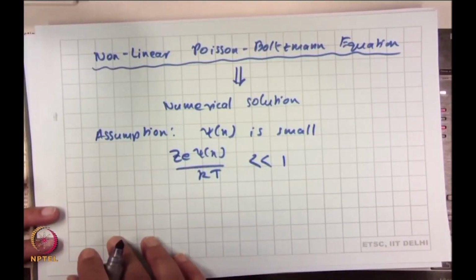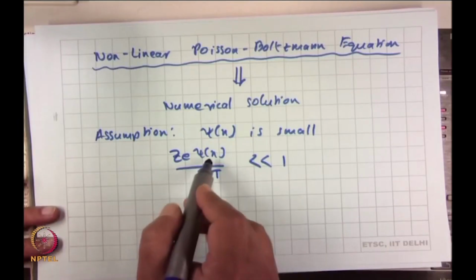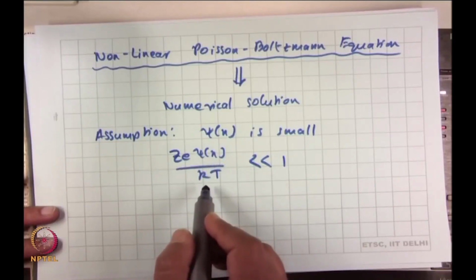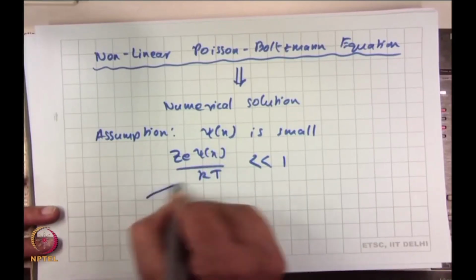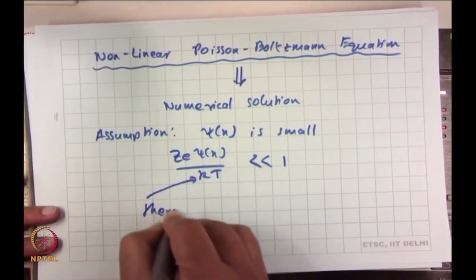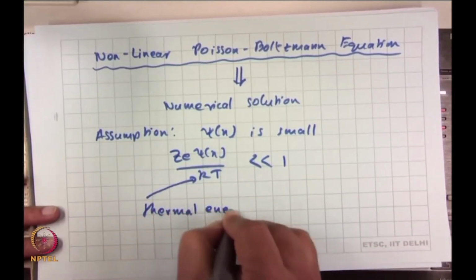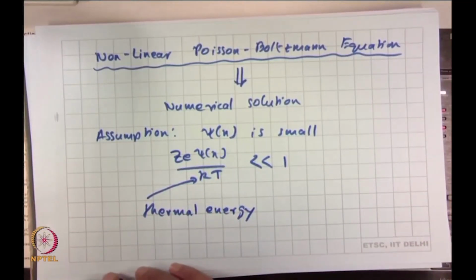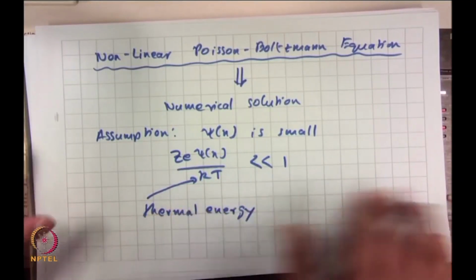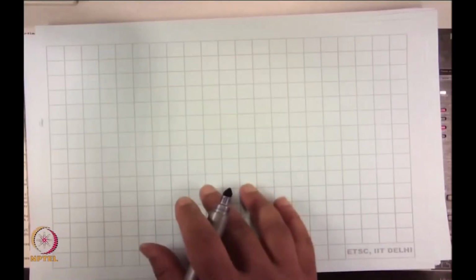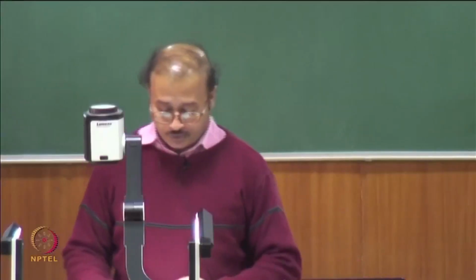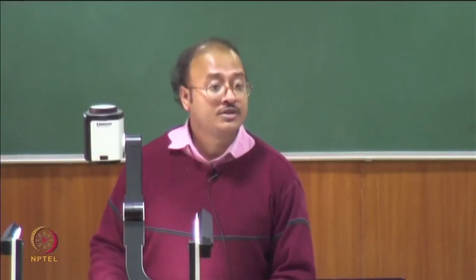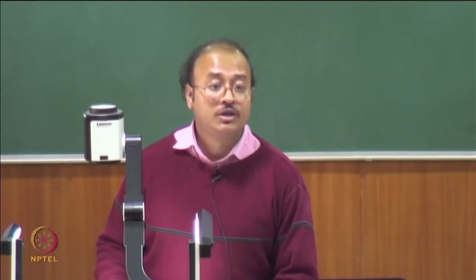So, what am I saying again? What I am saying is my electrostatic potential is much smaller with respect to the thermal energy kT, because this kT represents my thermal energy. Okay. Now, based on this assumption, remember that sinh of x, the hyperbolic sine, is equal to what?